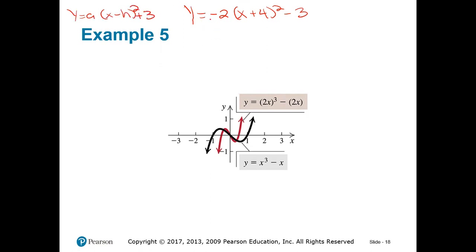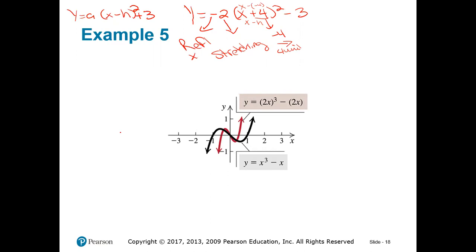Okay, so we know this is a negative, so we have a reflection about x. This is greater than 1, so we know that we have a stretching. The original formula says x minus h, and we got a plus here, so that means it's a -4, right? Because x minus -4. So we're going to move to the right 4 units.